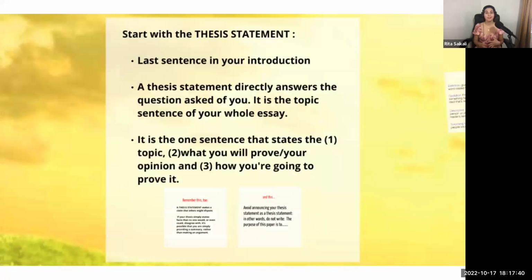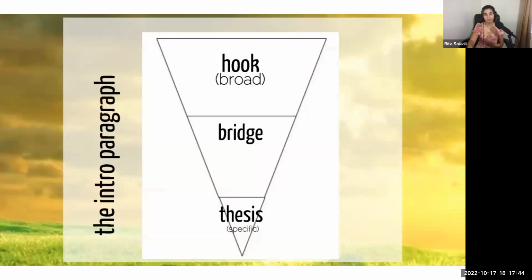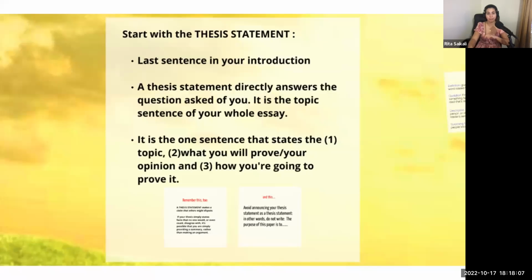We're going to start off with the thesis statement because it's the top of our pyramid. If you start off specific, then you can write things that are more general. So we're going to invert the pyramid and start from the bottom up, because if you're specific, then you can get bigger. If you start too big, it might be a little bit harder to get to exactly what you want to say in the thesis.